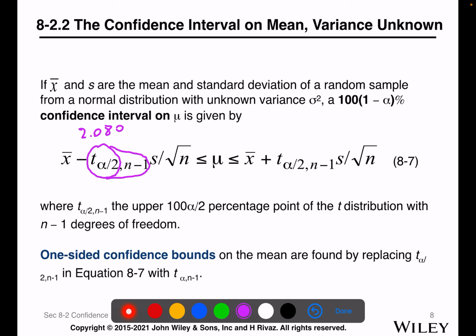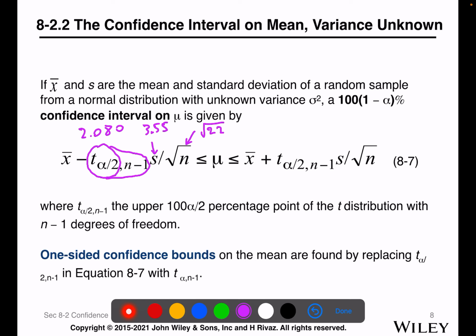And we have S, it was 3.55. And here we have to plug in the square root of 22. We also know X bar. So we know everything from this equation.